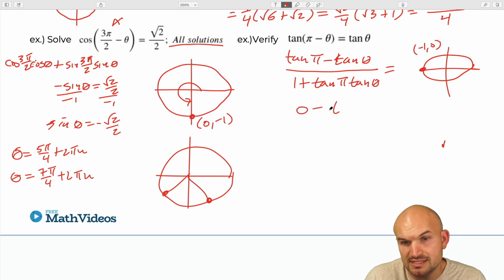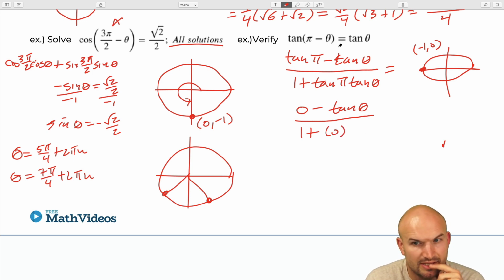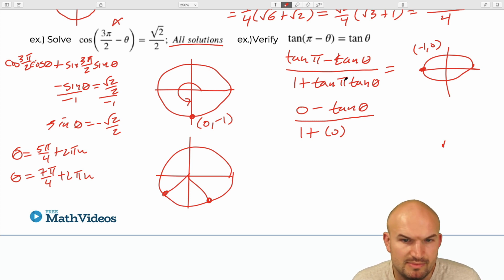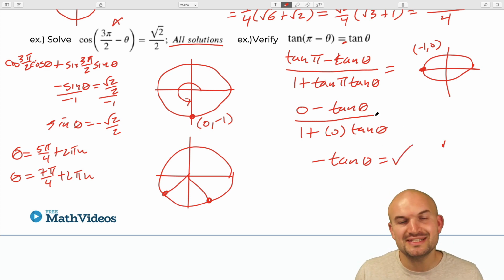So it's 0 minus tangent of theta, all over 1 plus 0 times tangent of theta. So that equals negative tangent of theta. I'm going to put a negative there because I forgot to add that in. Therefore, you can see it's verified.